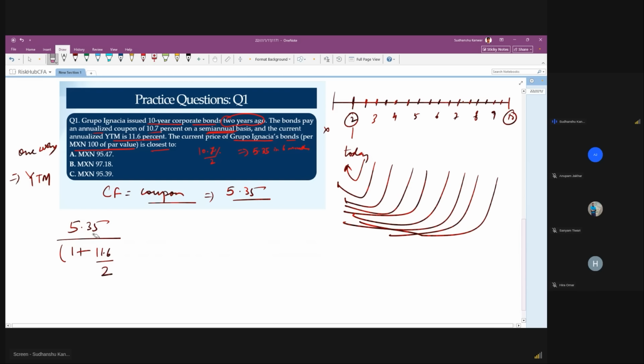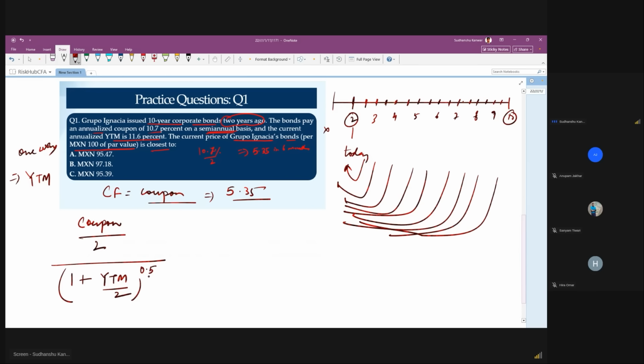Let me make it simpler. You know the total coupon is divided by 2 because it is semi-annual. Similarly, 1 plus YTM divided by 2, it is semi-annual. Then the cash flow is coming 6 monthly, so it's 0.5.